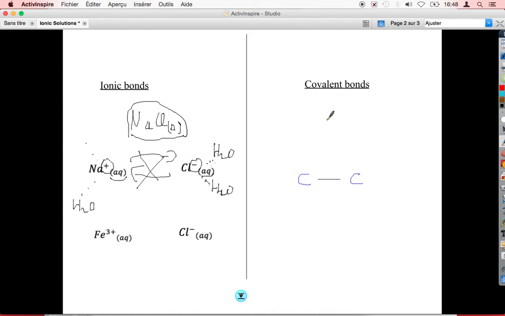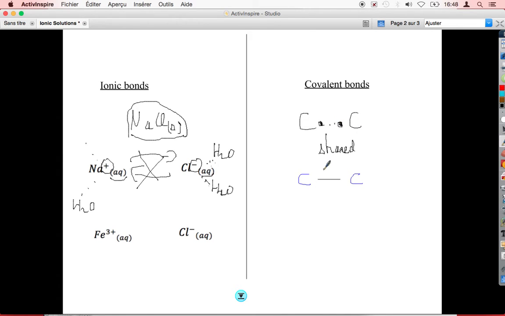Now, within the molecule we have covalent bonds, meaning that each atom brings an electron, and we have the sharing of these electrons. So both electrons are shared by both atoms. That's why you have this kind of link.